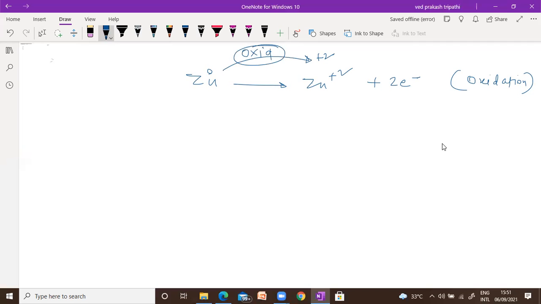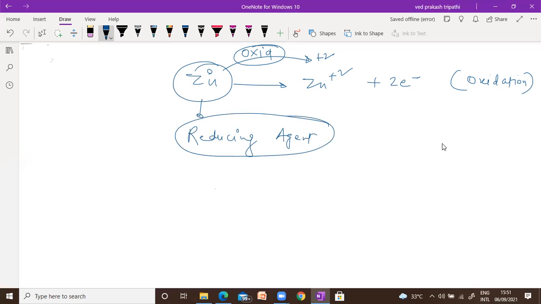So whenever there is self oxidation, you can see here zinc is oxidized. Whenever there is self oxidation, that element or atom will behave as a reducing agent. So here zinc oxidizing, it will act as a reducing agent.